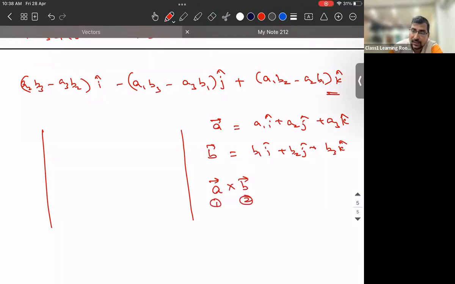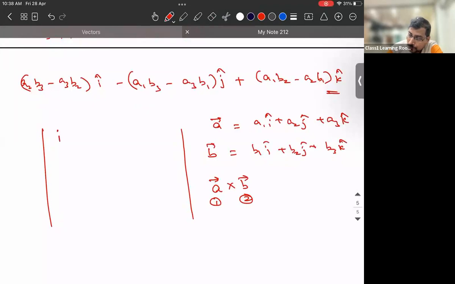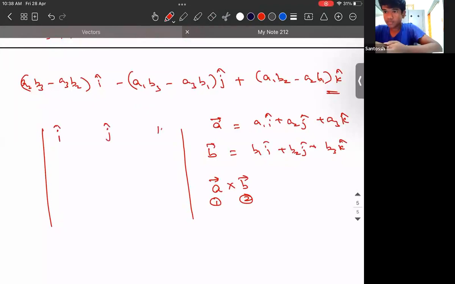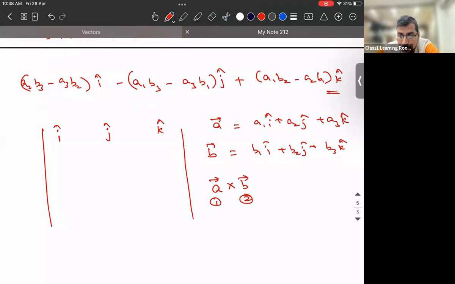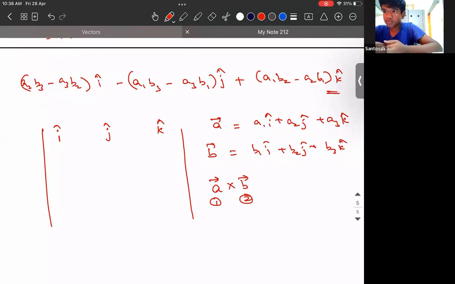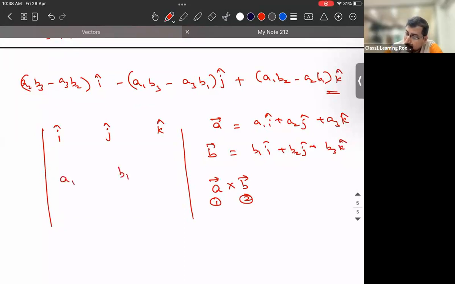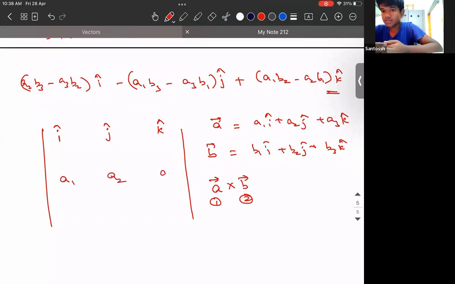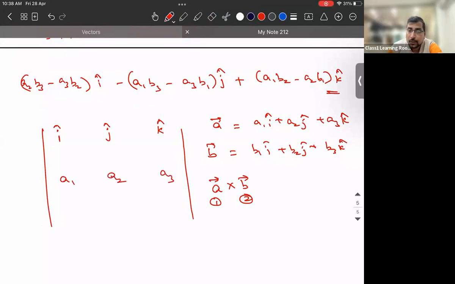So you will put two lines like this, then you will write I cap, J cap and K cap. In the second row, horizontals are called rows, verticals are called columns, you will write the coefficients of the first vector: A1, A2, A3. In the third line, you will write B1, B2.